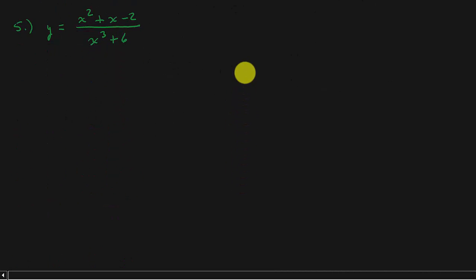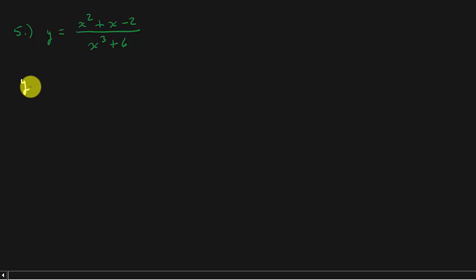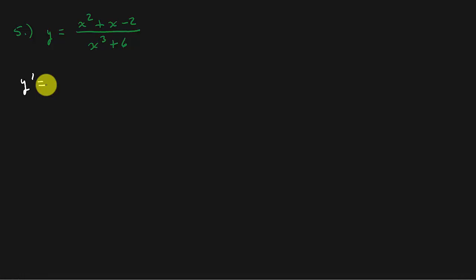All right, so here we've got the quotient rule. Let's look at this. Remember, the quotient rule is the derivative of the numerator times the denominator minus the derivative of the denominator times the numerator, all that over the denominator squared.